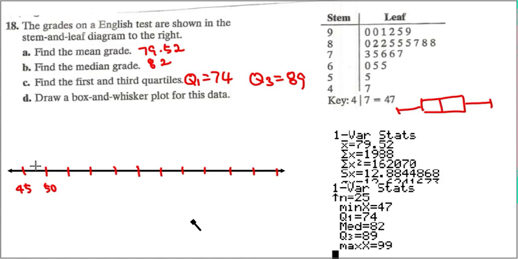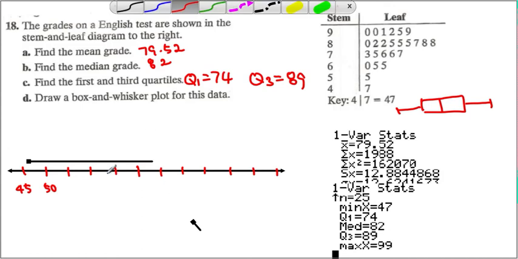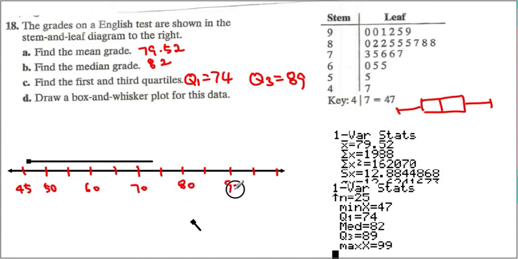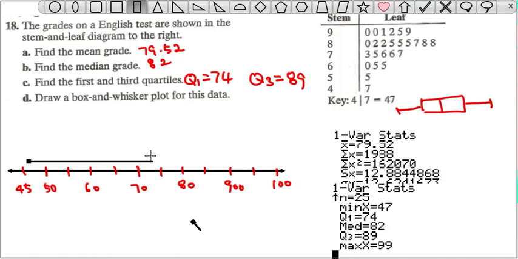Here we have 47 through 74. Very close to it. All right, so let's just, actually, I forgot to write them down: 60, 70, 80, 90, 100. And then we'll be needing a box.